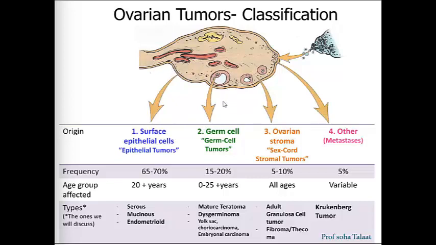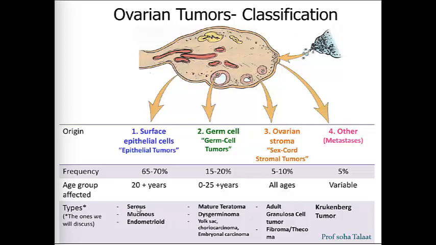It was an exophytic mass arising from the surface epithelium. Surface epithelial tumors are the most common ovarian tumors, representing 65 to 70%. It's more common in the childbearing age group.